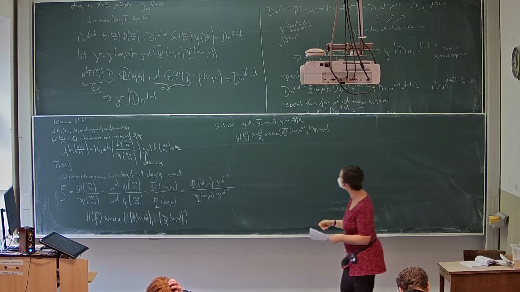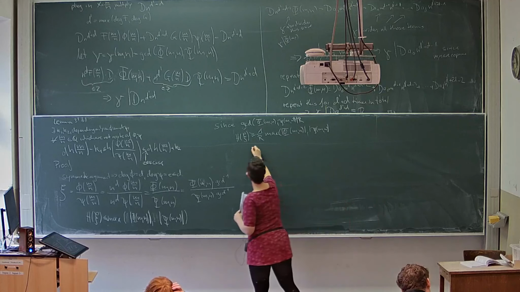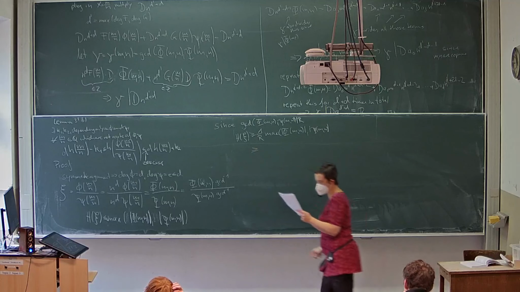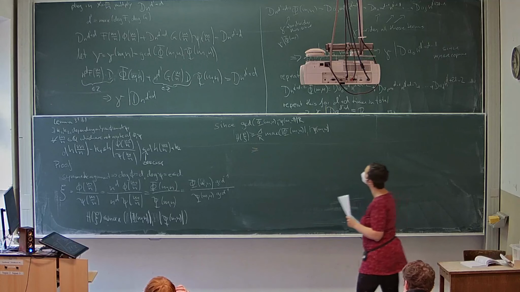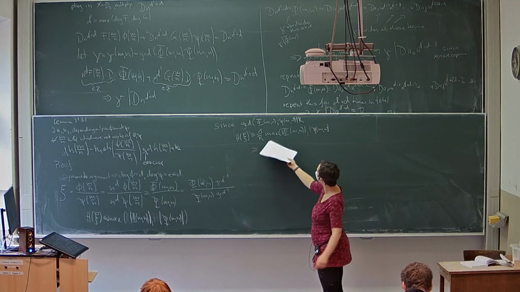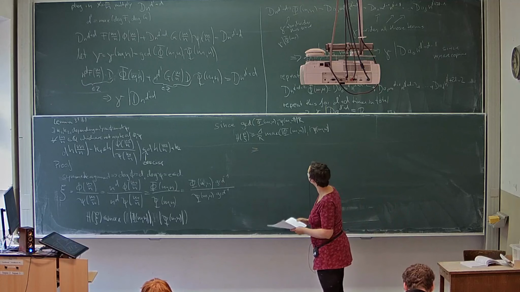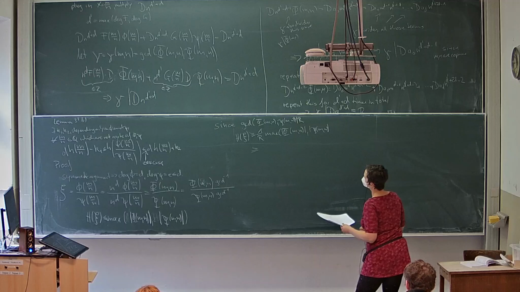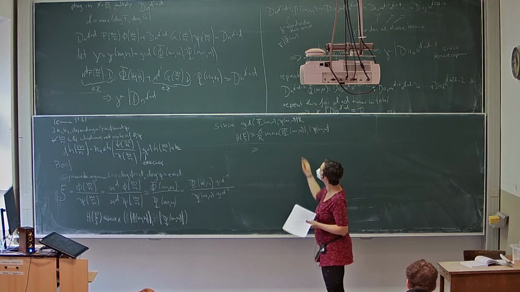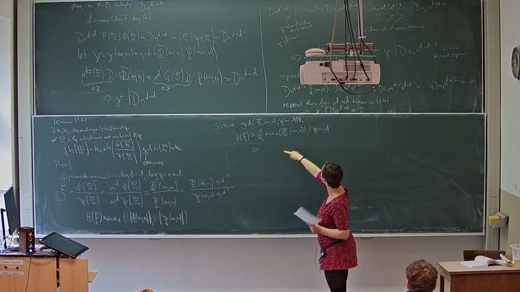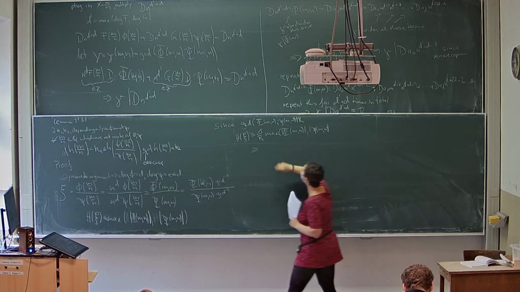Okay, so now we have the maximum of two things. This is always bigger than half of both things.